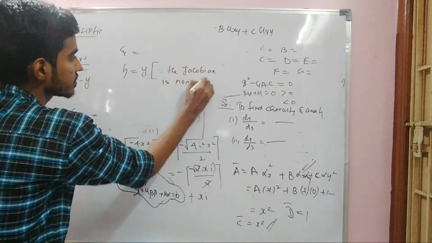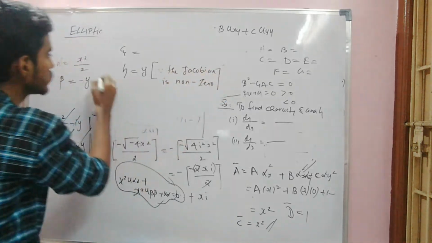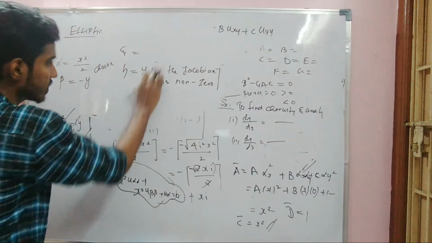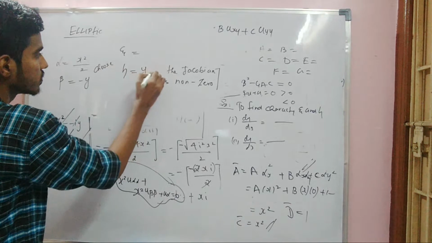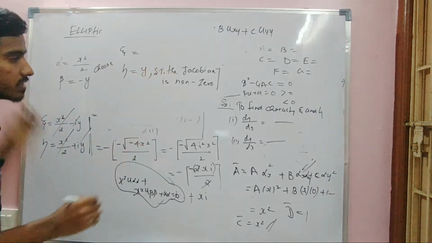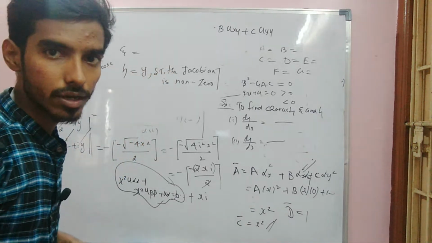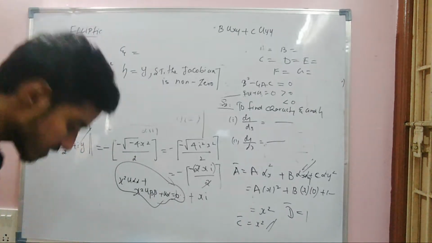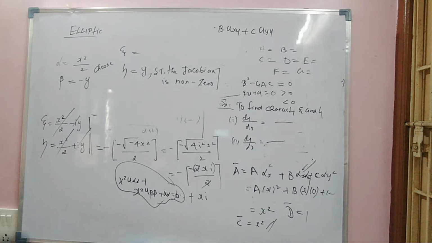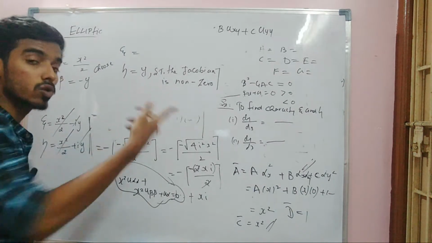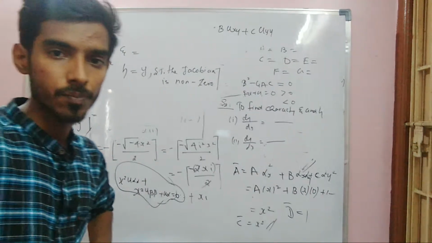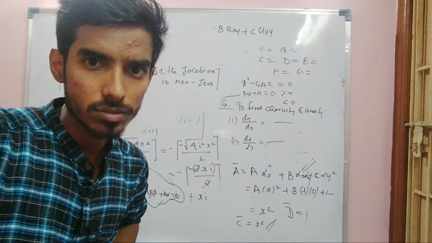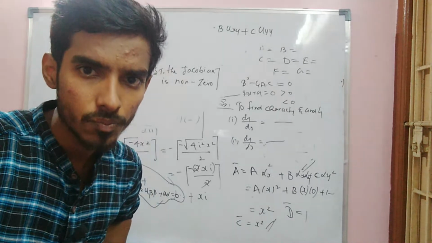You just write this line: choose eta equal to y such that the Jacobian is non-zero. So we have to choose eta such that the Jacobian is non-zero. And it is not that you have to choose eta equal to y, you can choose any eta.